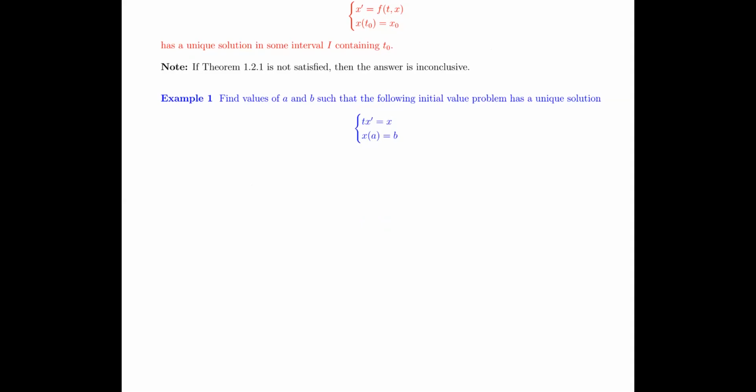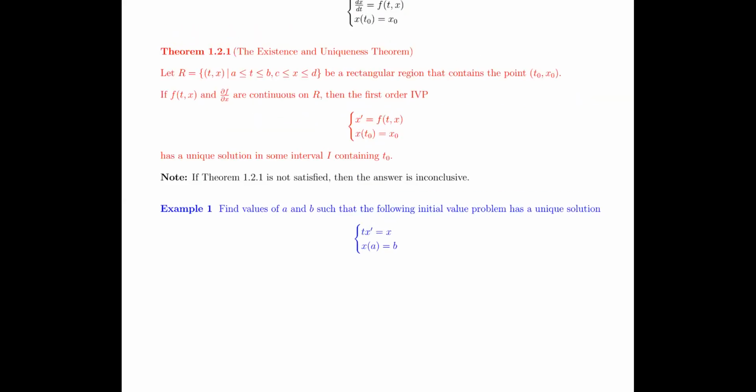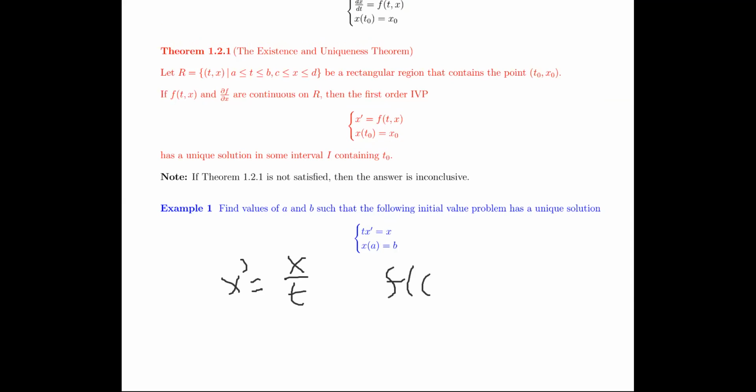Well, let's rewrite the problem as x prime is equal to x over t. And this will tell us that f of t, x is equal to x over t. So that's our function f of t, x.